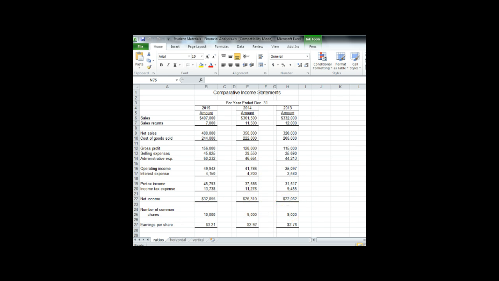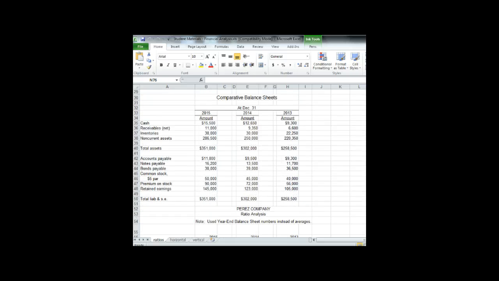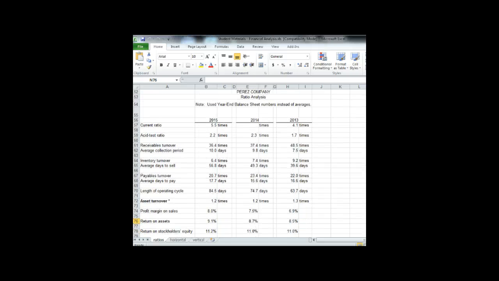And you can scroll on down, you'll see the balance sheet and so on. And then I did the ratios. But I want you to see how you could set up the income statement and balance sheet. Notice I have formulas. I didn't do this by hand. I used Excel to calculate the ratios. So I'm just showing you, you don't have to set up your project this way, but this would be one way of setting it up.